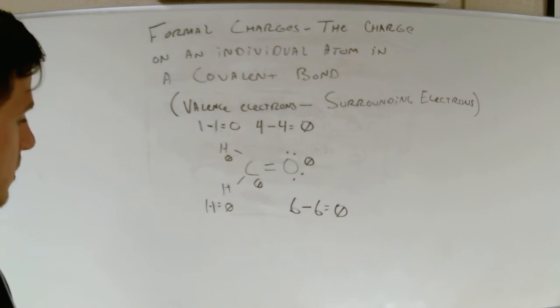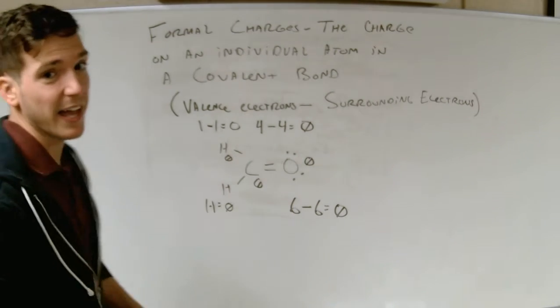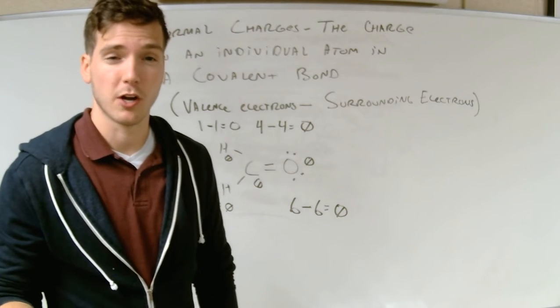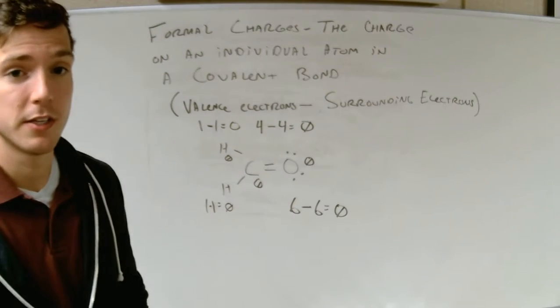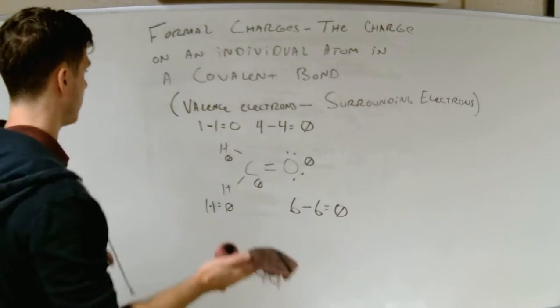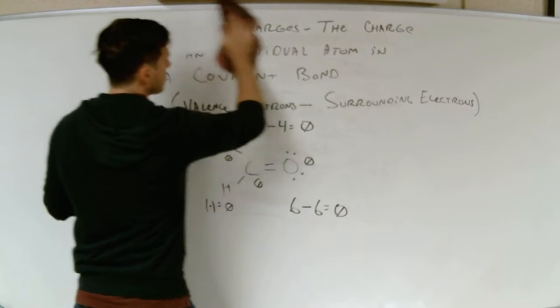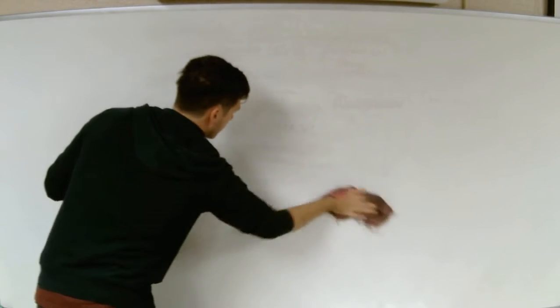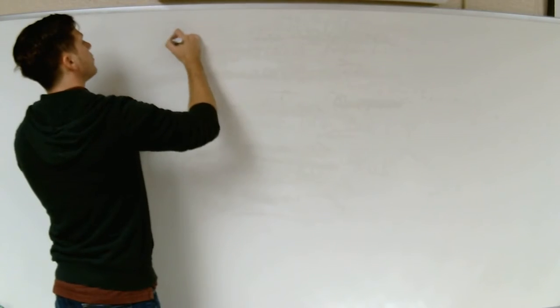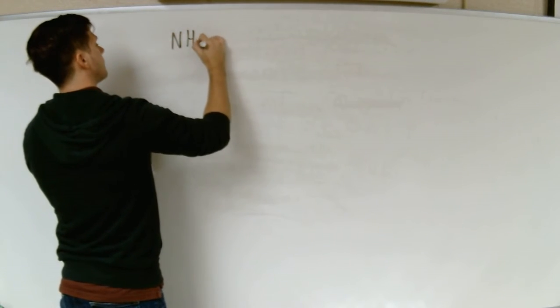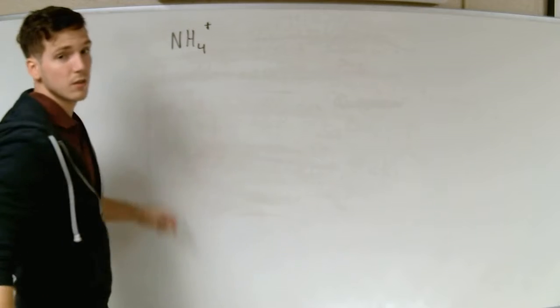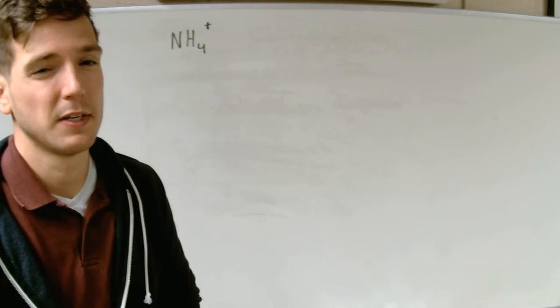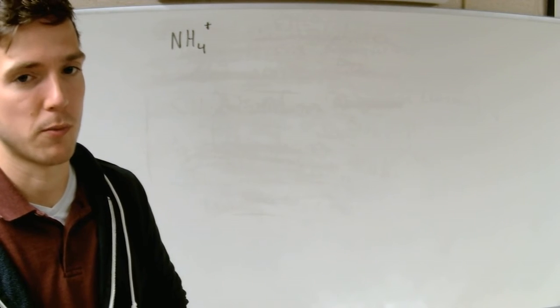So let's go ahead and look at a Lewis structure that we focused on yesterday, which was NH4+. All right, NH4+. So now, this will be one of those situations where the central atom won't have a formal charge of 0.